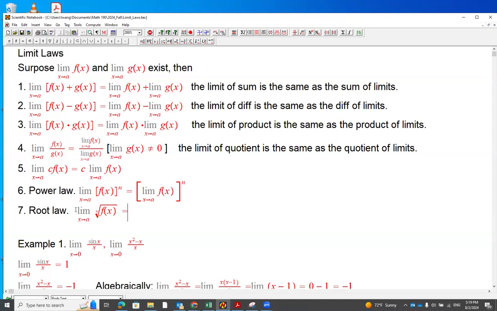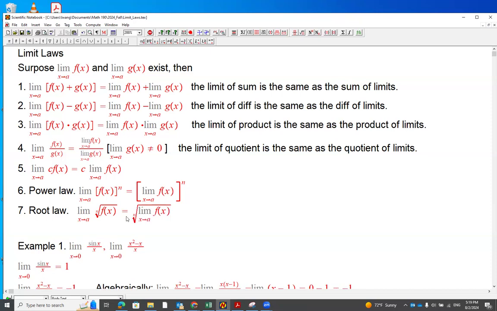For odd number roots, it's going to be the nth root of the limit of f of x. The difference between these two is that one is taking the limit after the nth root, the other is taking the nth root after the limit.